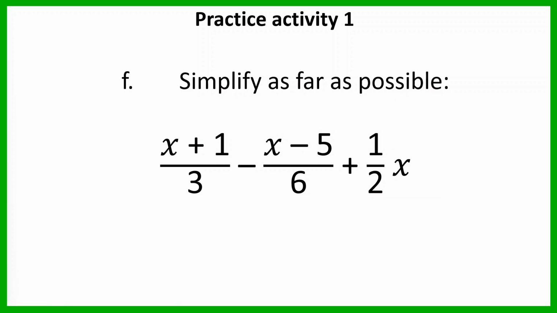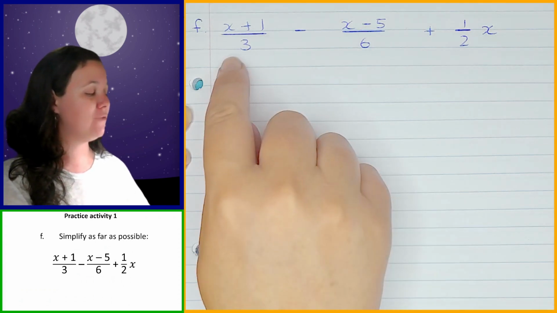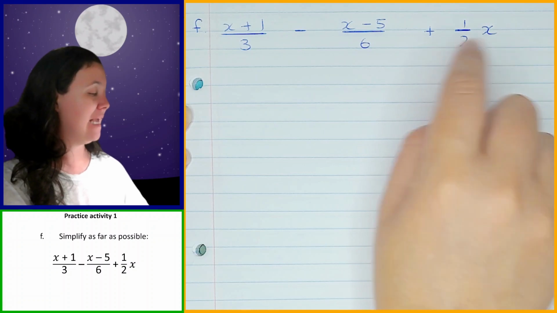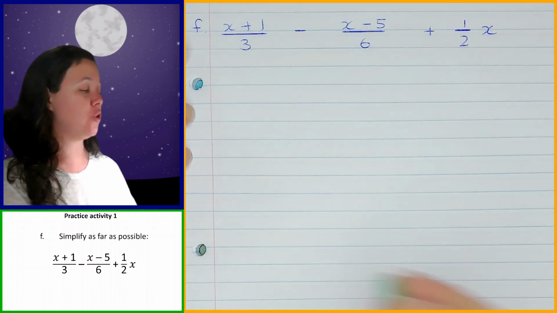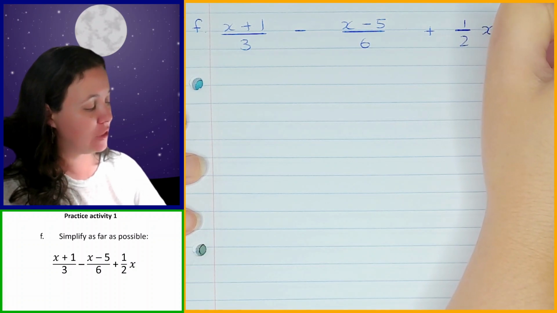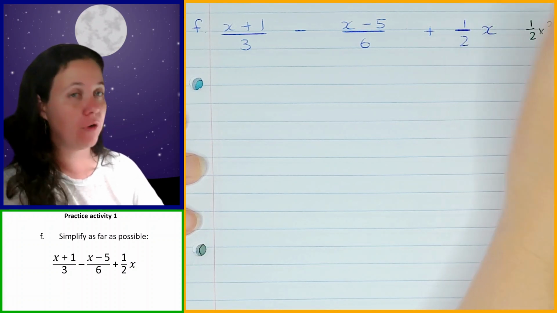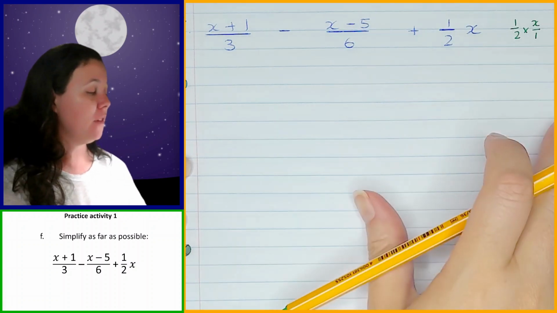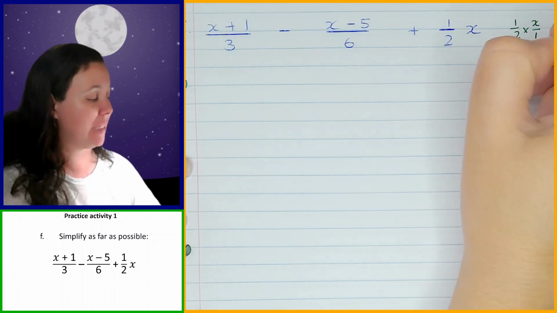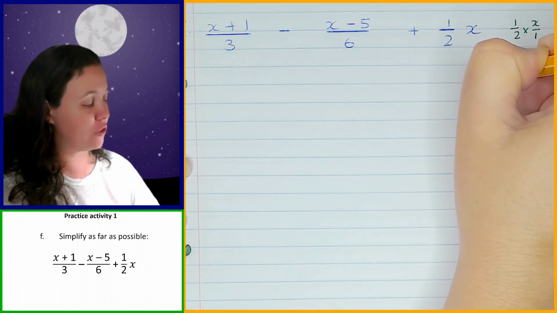Okay, so let's go through that question. So first of all, before we get on to doing our LCD, I just want to tell you this over here, this half x, is actually the same as x over 2. If you look at a half x, what it actually means is a half times x over 1, okay? So now, because I can't cancel anything out here, I multiply the top and the top and the bottom and the bottom, and that gives me x over 2.